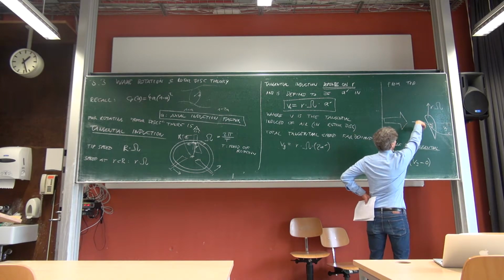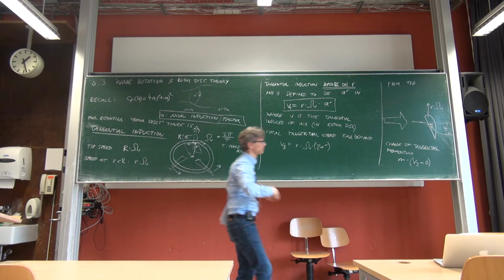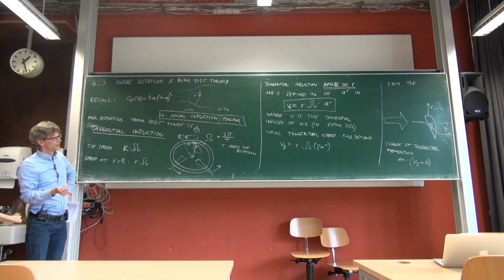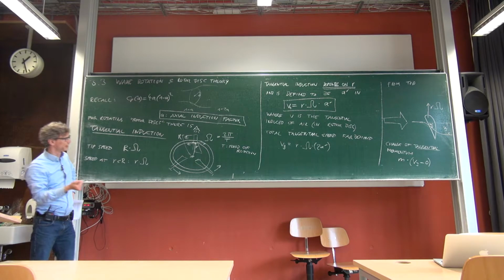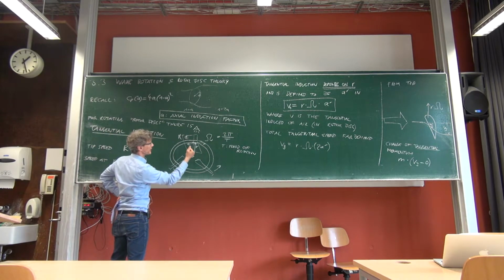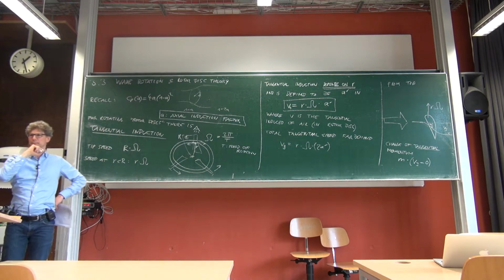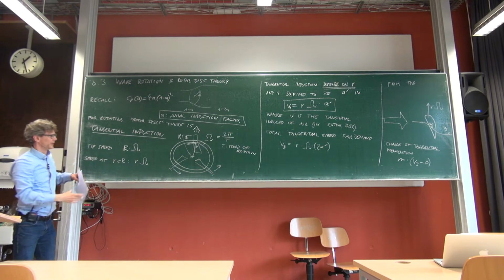Because I have no tangential velocity at the beginning, so I basically get all this new velocity, and somehow this velocity change in my air is what creates my torque on my wind turbine. So here we are.